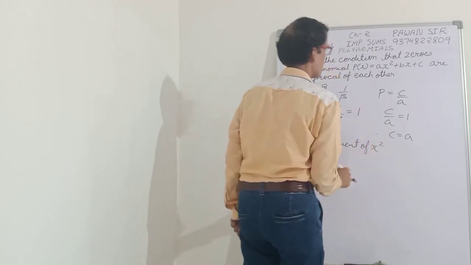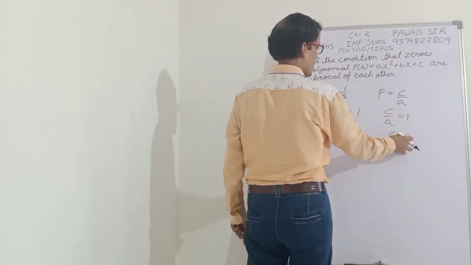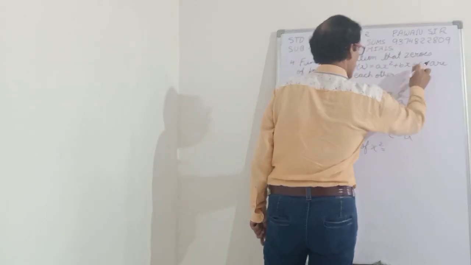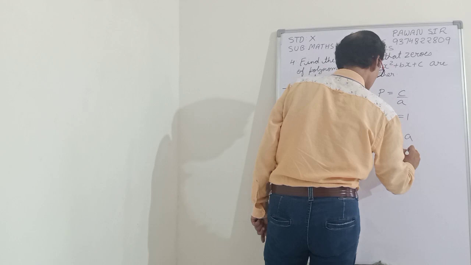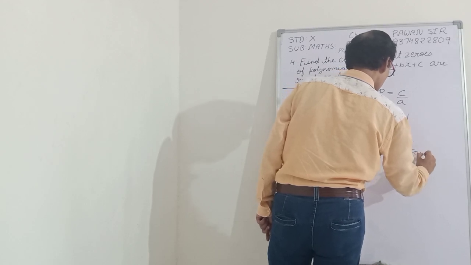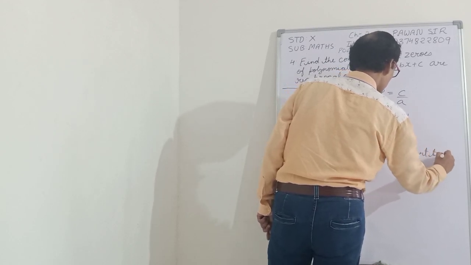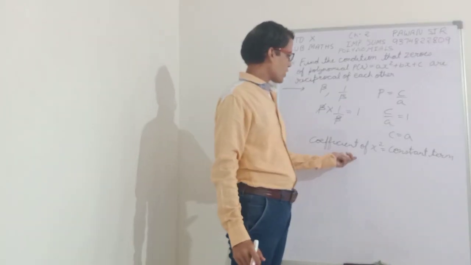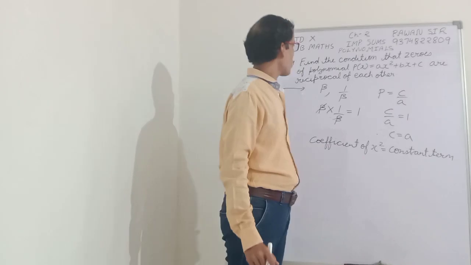What is A? A is the coefficient of x square. What is C? The constant term. So the condition is that the coefficient of x square must be equal to the constant term.